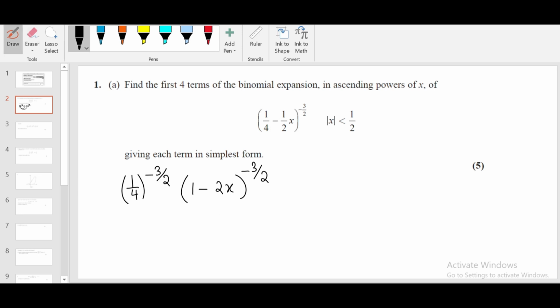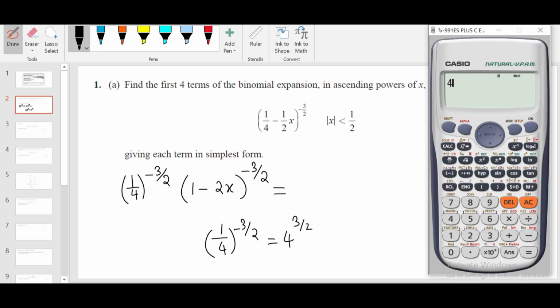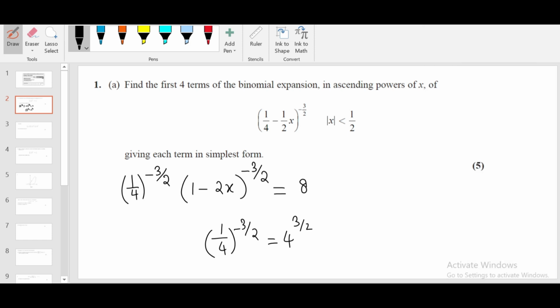Okay, 1 over 4 power minus 3 over 2 is the same as 4 power positive 3 over 2. So 4 to the power 3 over 2 is 8. So this is basically 8 outside.